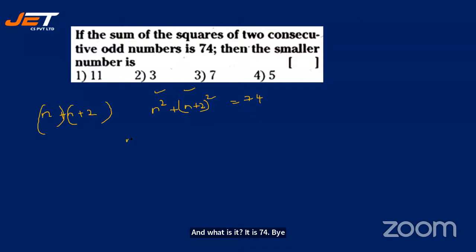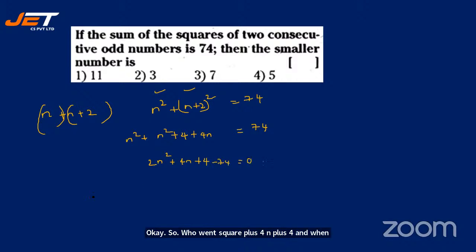All right. So just expand it quickly. n square plus n square plus 4 plus 4n is equal to 74. All right. So 2n square plus 4n plus 4. And when this 74 comes to this side it becomes minus 74.